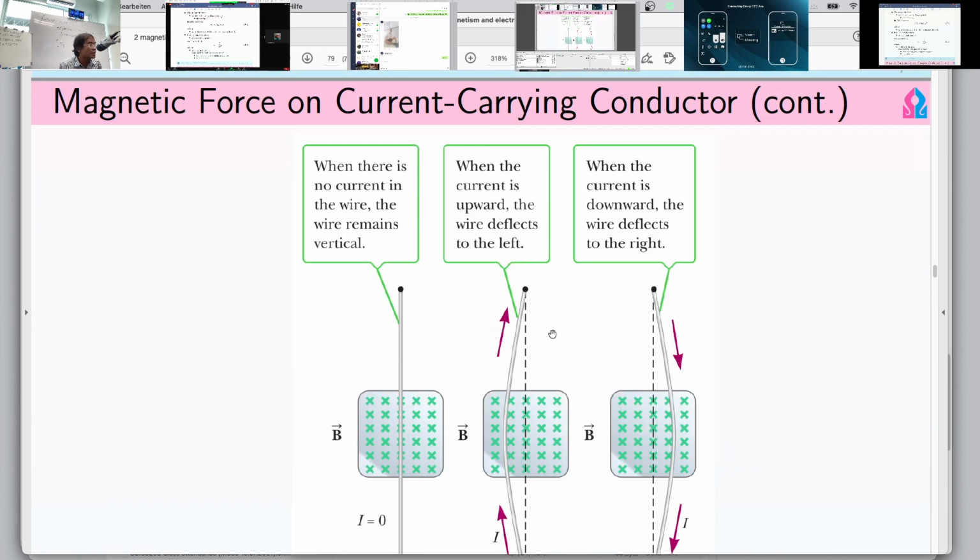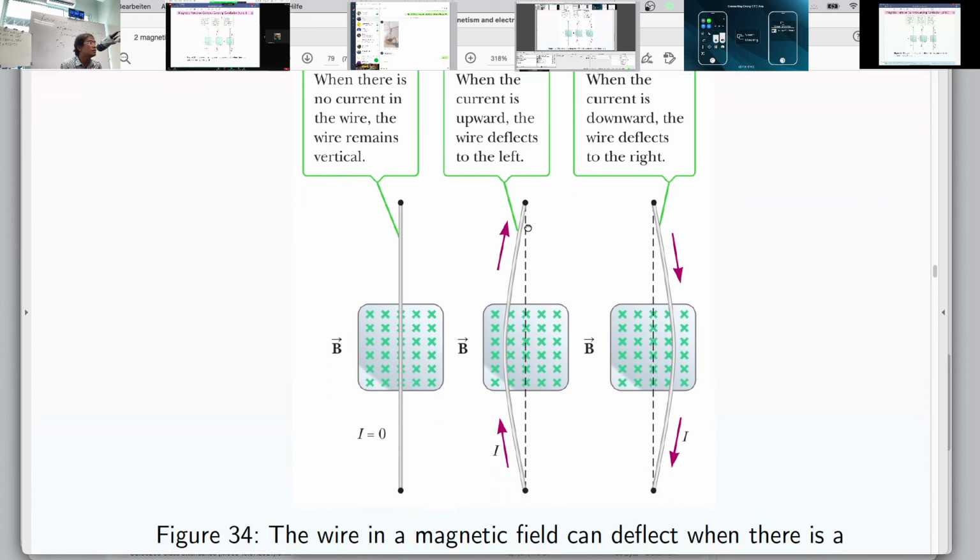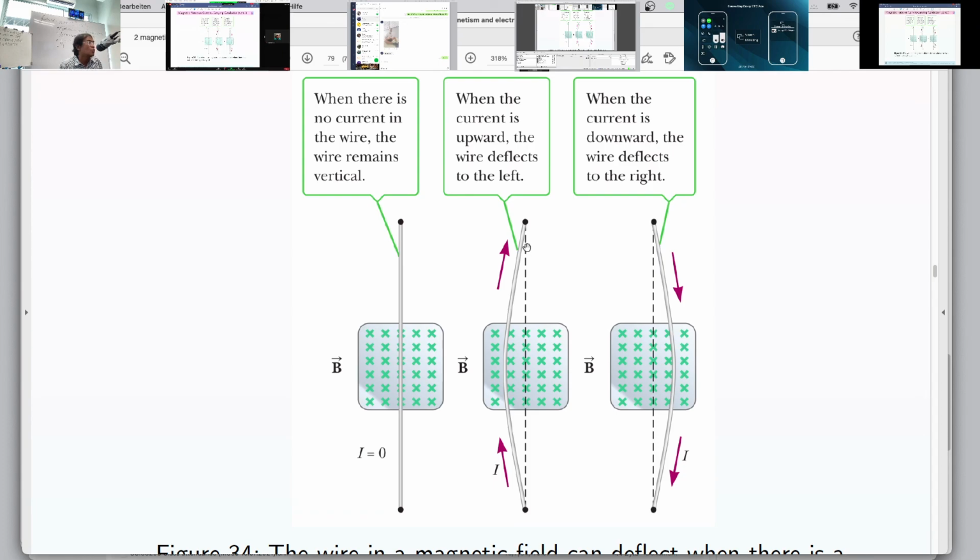We now arrive at this figure. This figure will tell you what is going on in nature if you leave the current flowing inside the connector, and in that area there is also a magnetic field. Let's take a look at the first case on the left hand side. The first case is that there is no current moving at all.